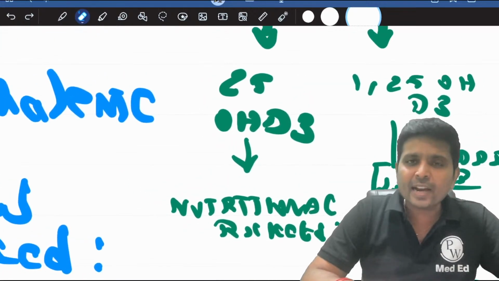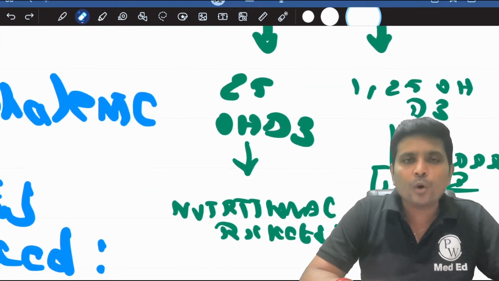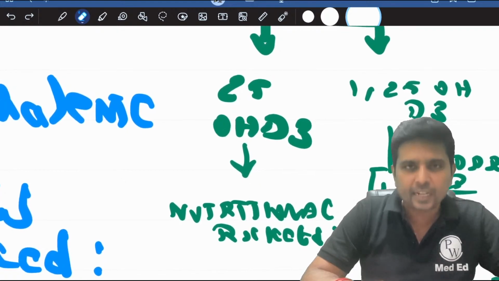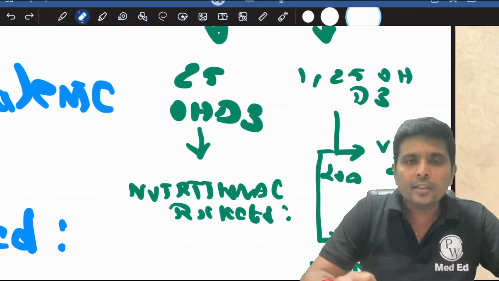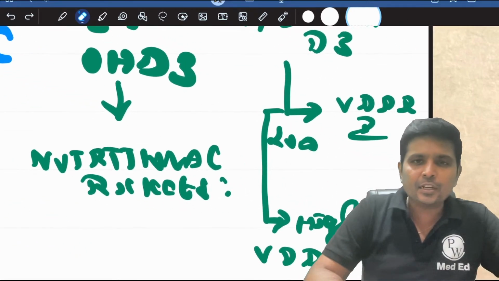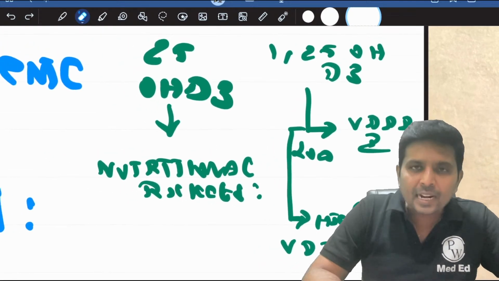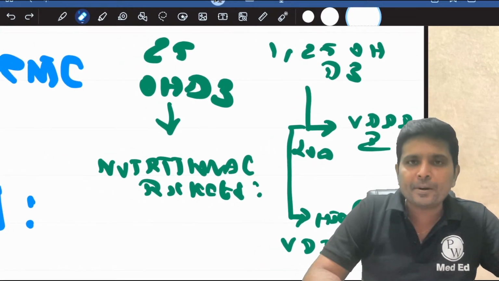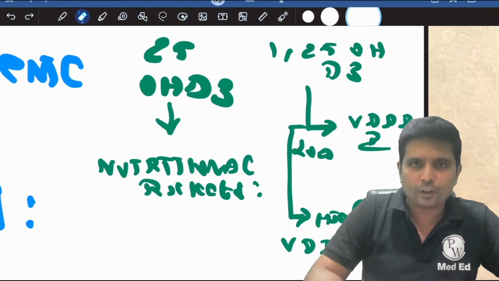Remember, when 25 hydroxy D3 is low, as we have already dealt with, you are dealing with a case of nutritional rickets. Whereas when 25 OH-D3 is normal, then it means 1-alpha hydroxylase has a problem. As a result, when 1,25 dihydroxy D3 is low, you are dealing with a case of vitamin D dependent rickets that occurs as a result of a defect in 1-alpha hydroxylase.